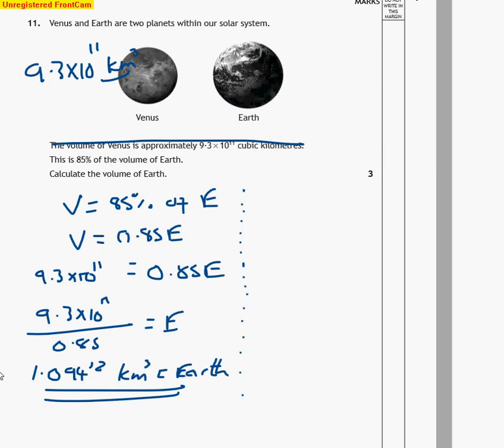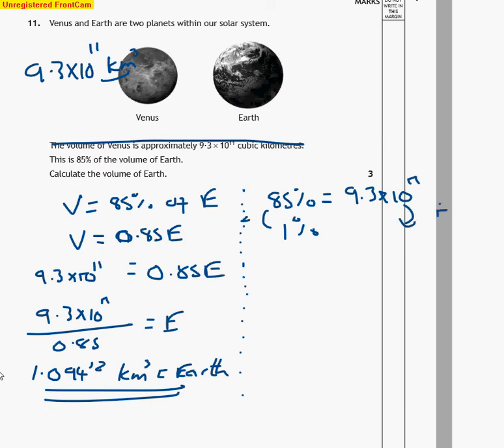So this is 85% of the volume of Earth. So we know that 85% is equal to 9.3 times 10 to the 11. So that's doing it as a decimal. I said 0.85 V is equal to V, I made a V equation up. But you could just say, well, 85% equals 9.3 times 10 to the 11. So find 1% by dividing by 85.